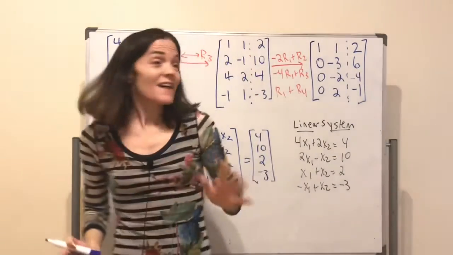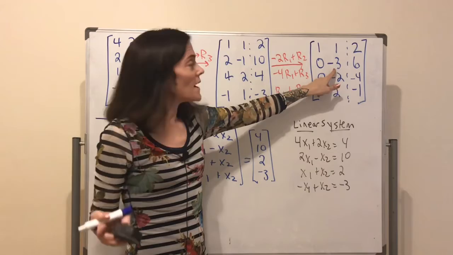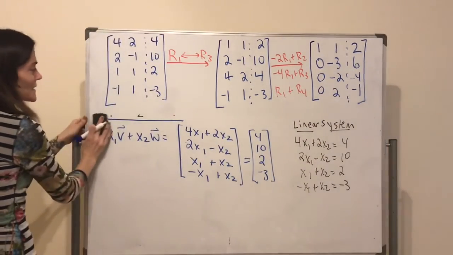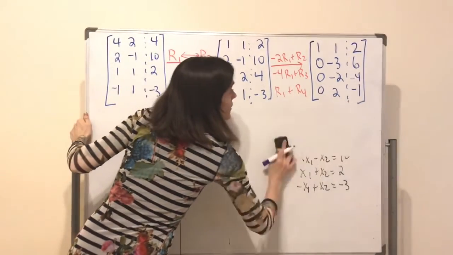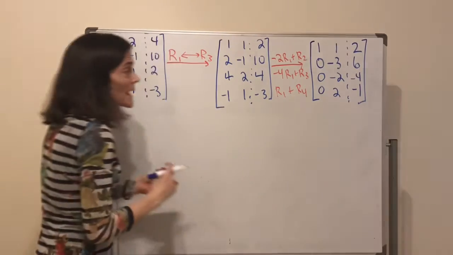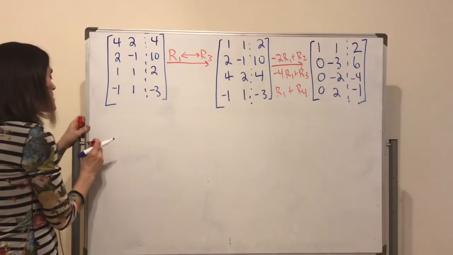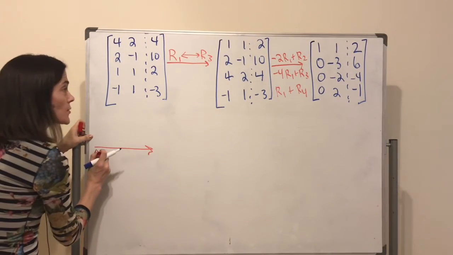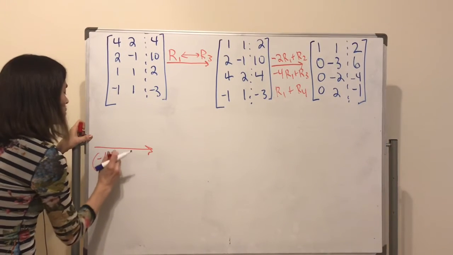Okay, well, here I want to make this entry a 1. I don't see any 1s below, so switching rows is not necessarily going to help me. So I can just divide the second row by negative 3, or multiply by negative 1/3. So I'm going to take minus 1/3 times row 2.